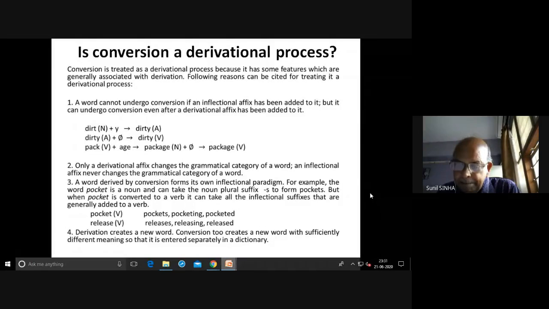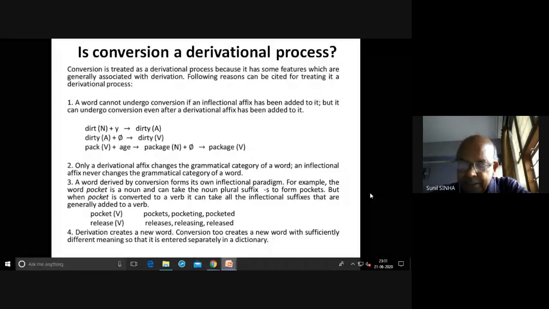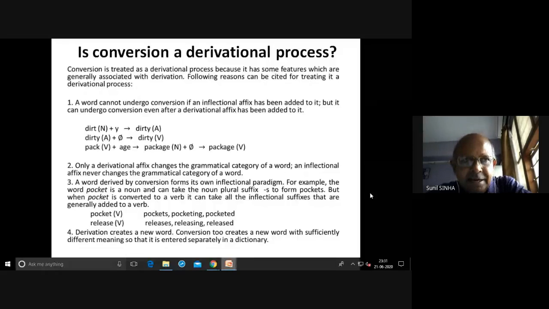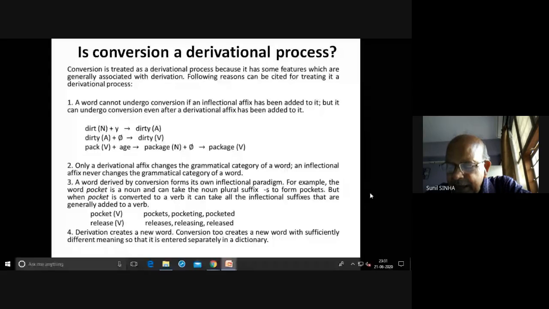All right. But what about dirty adjective, the second one? Dirty adjective plus zero morpheme, and we get dirty. The word class changes. From dirty adjective, we get dirty verb. This is a dirty shirt. I have dirtied my hands. This is a dirty shirt. Now, dirty here in dirty shirt, dirty is an adjective. I have dirtied my shirt. Now, dirty is a verb.